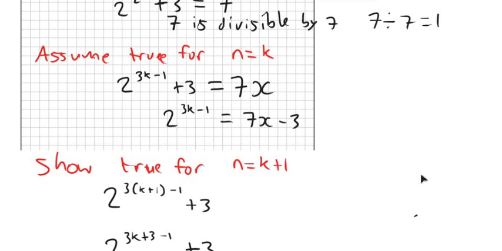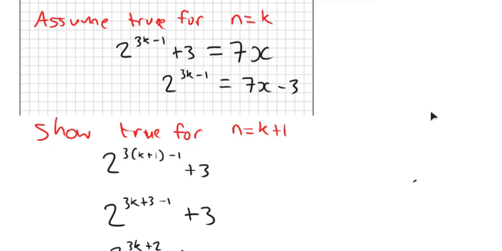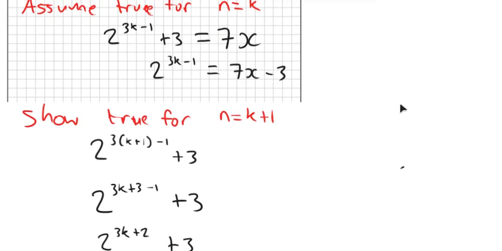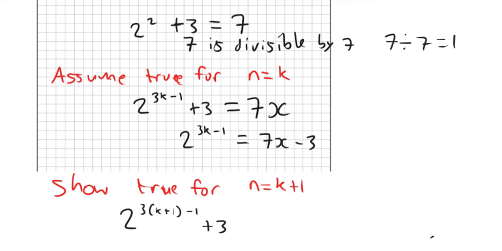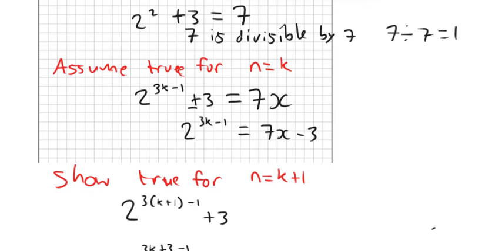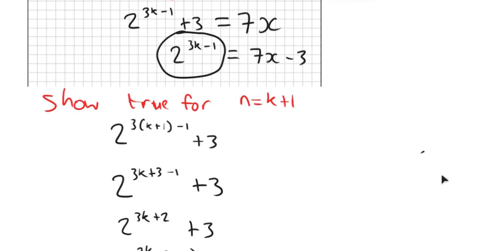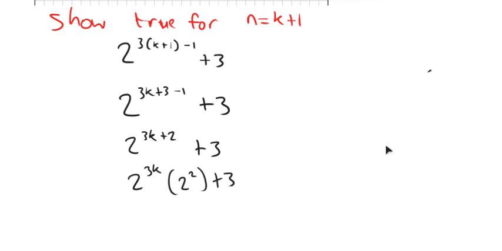I've assumed this up here already, so I'm going to try and sub this in. So I need 2 to the power of 3k minus 1. Now I'm actually going to go back a step here. I want a 2 to the power of 3k minus 1 somewhere in here.